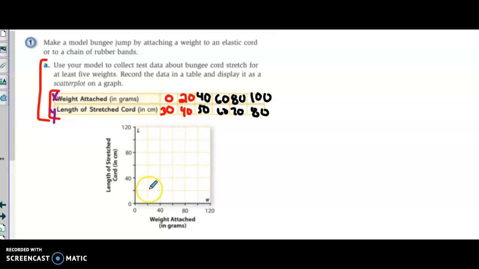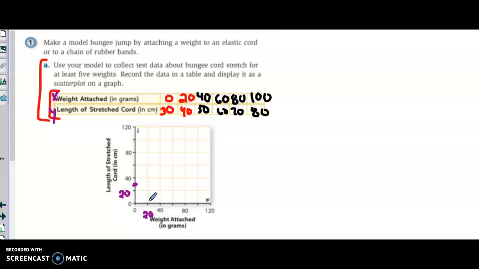When the weight attached is 0, the length of the stretch cord is going to be at 30. If this is counting by 40s, halfway between 40 and 0 would be 20, so 30 would be this halfway point right here. When the weight attached is 20, notice there's no 20 here, but we know that halfway between 0 and 40 is 20.